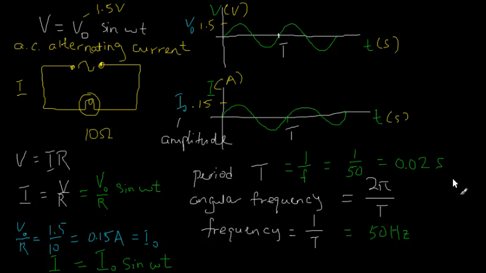So that would be the period of the AC that we get from the mains in our house. Okay, so there is amplitude, there is period, there's frequency, there's angular frequency. Okay, that might do for now.